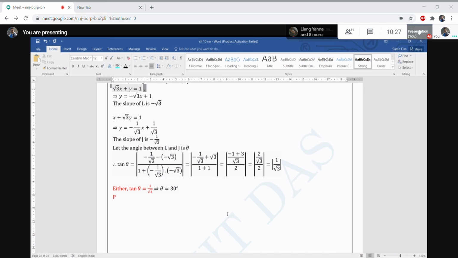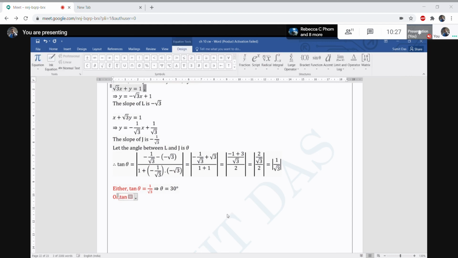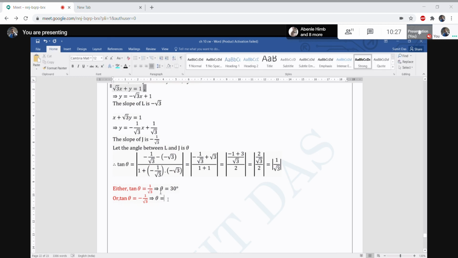Or tan theta will be minus 1 by square root of 3, which implies theta, which value of theta is minus 1 by root 3?